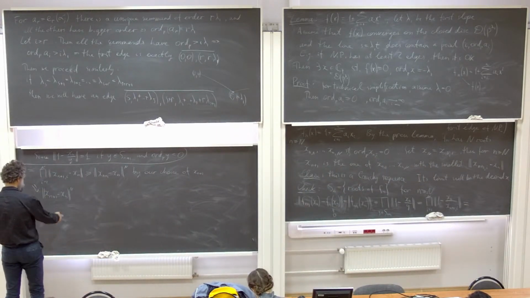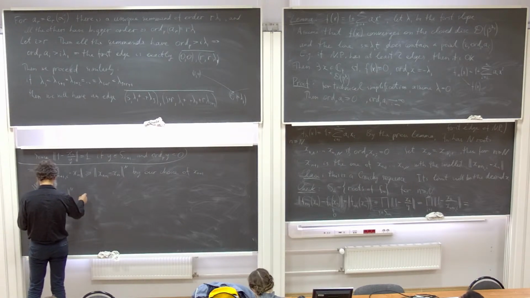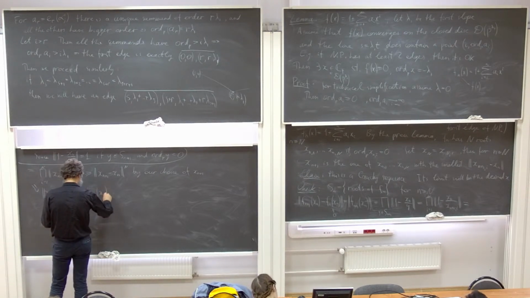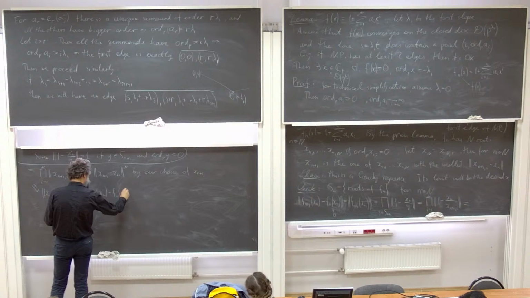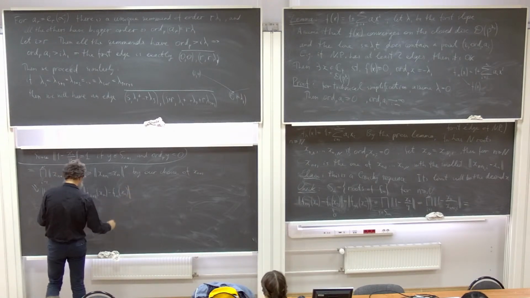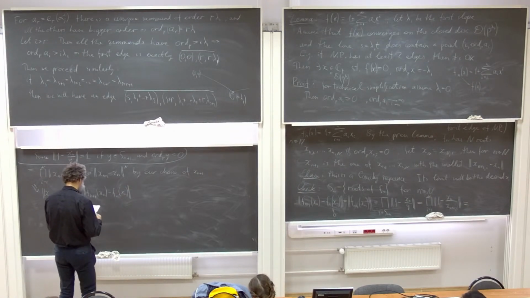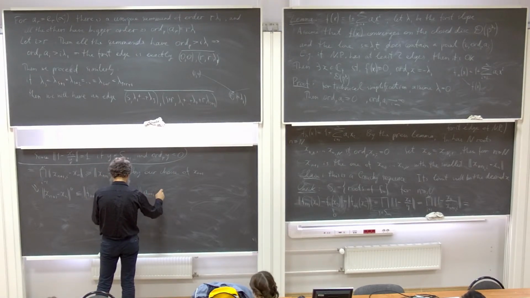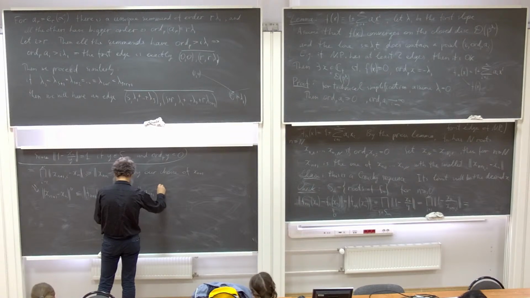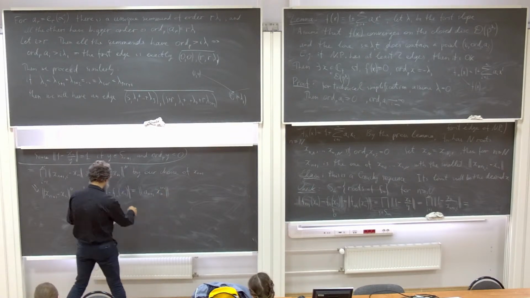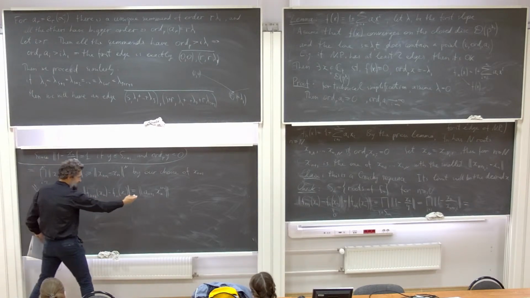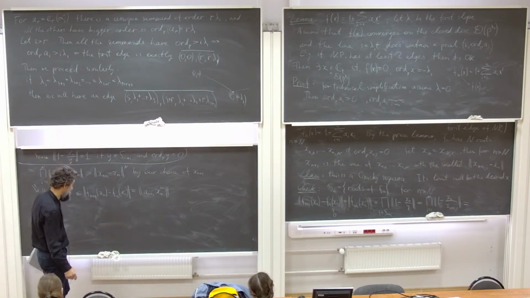Fine. So we conclude that this is at most the difference F_{n+1}(x_n) minus F_n(x_n). But this is equal to the norm of a_{n+1} x_n to the power n plus 1, just because those are truncations. And if we subtract one truncation from the other, we get just one power.